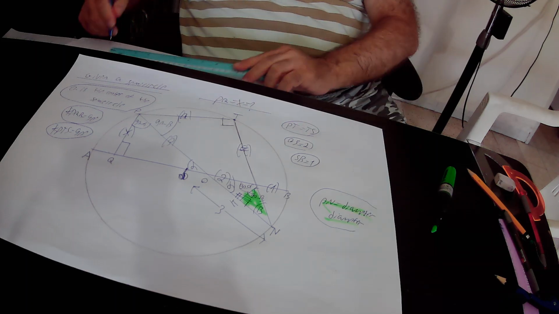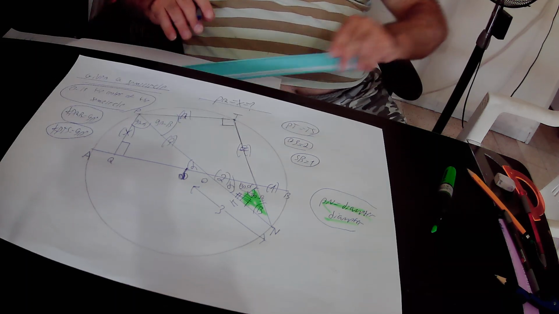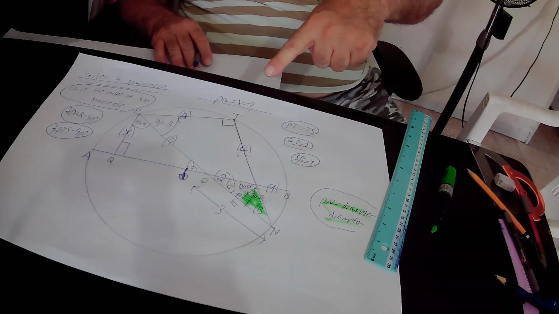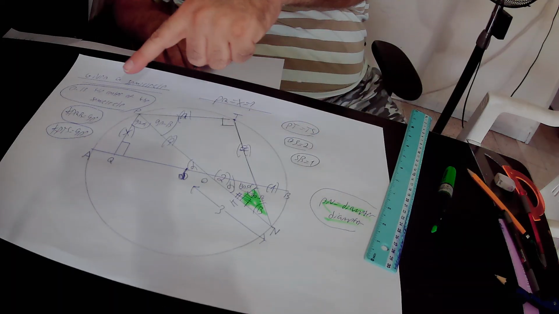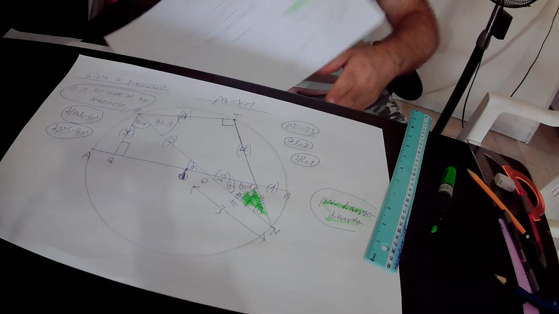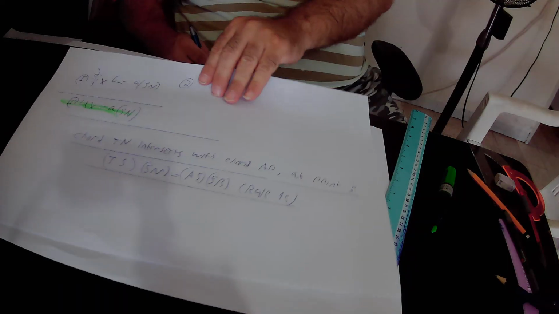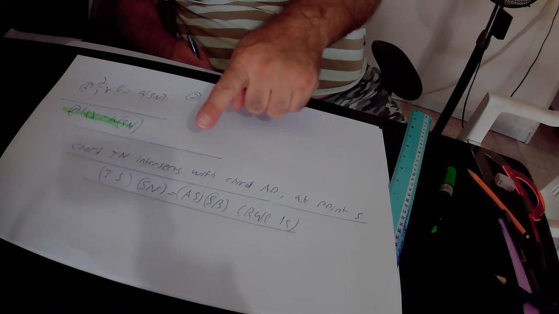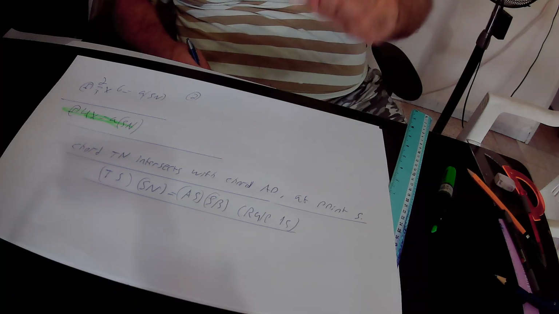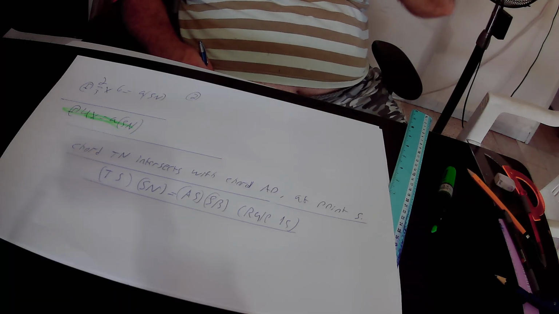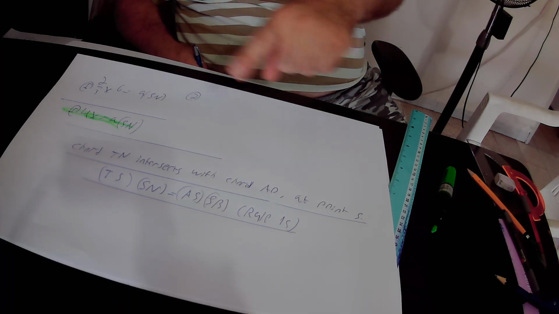Again, in the drawing, chord TN intersects with chord AB at point S, and therefore, according to rule 15, TS times SN equals AS times SB. This equation is the implementation of rule 15 in our drawing.